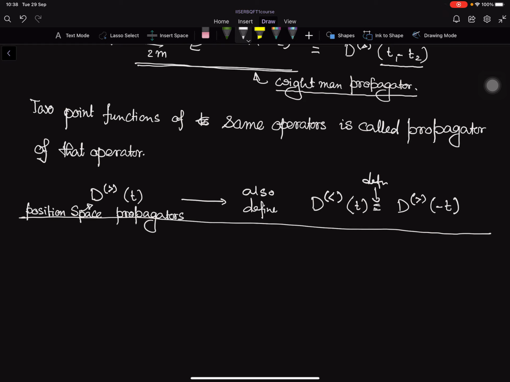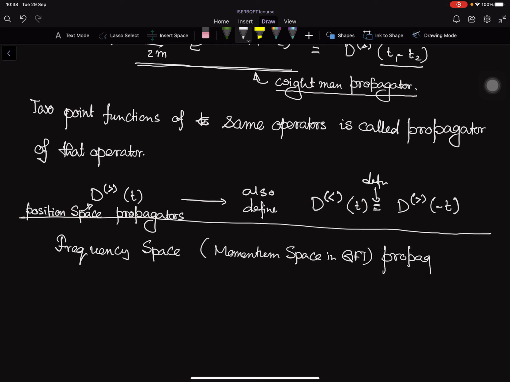And there is also something like frequency space, or in quantum field theory it will become momentum space. Propagator, and that is defined as the Fourier transform of this.